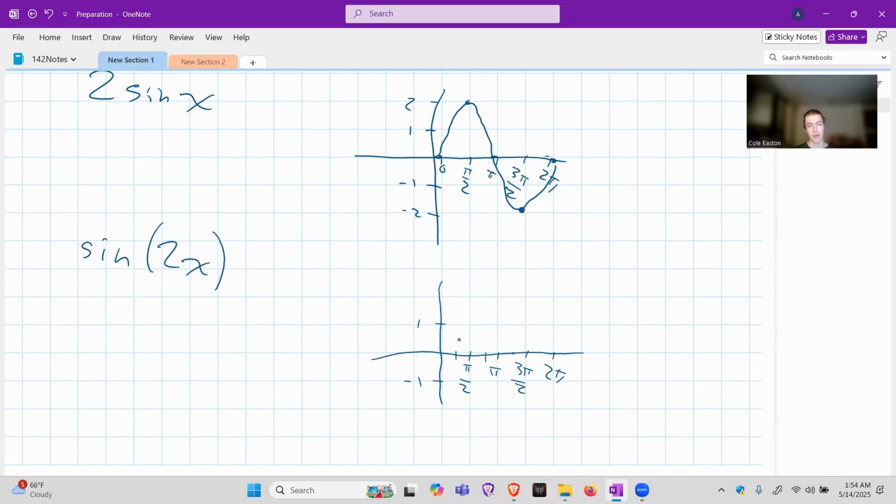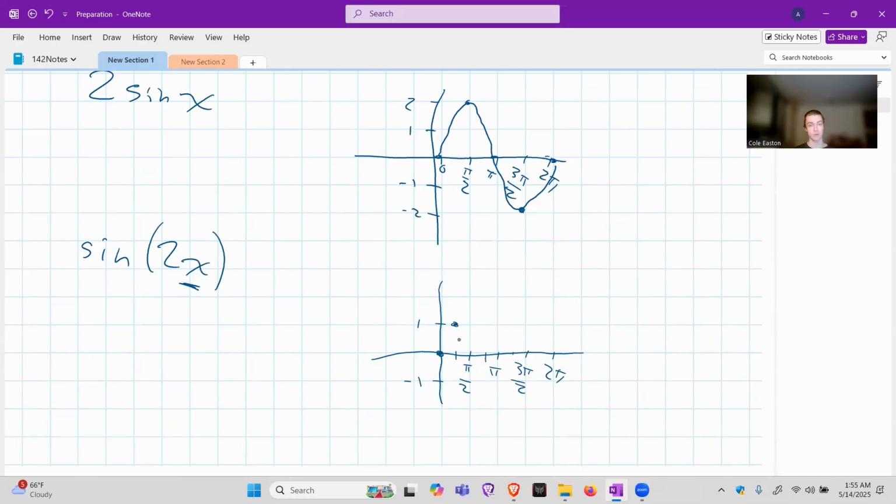First I'm going to think about 0. So sine of 2 times 0, sine of 0, that's 0. Sine of pi over 4 times, so x is pi over 4, right? Times 2 gives me sine of pi over 2, and then sine of pi over 2 is 1. So for x equals pi over 4, we're getting 1 out of that.